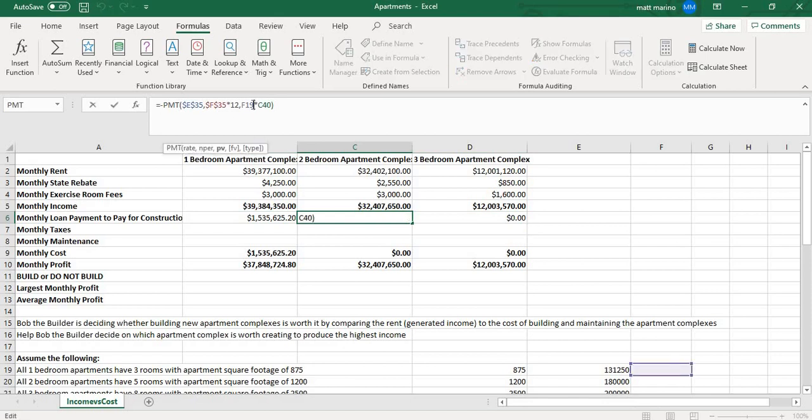We only need to change the last parameter for the present value. So for our 2-bedroom, it is now E20 times B41.